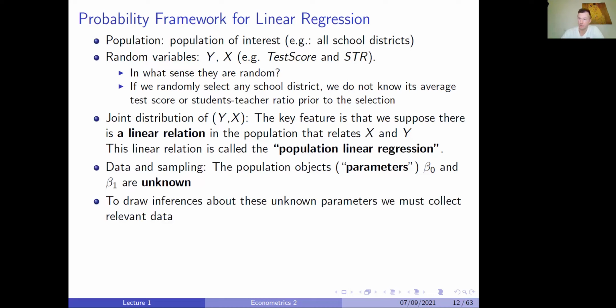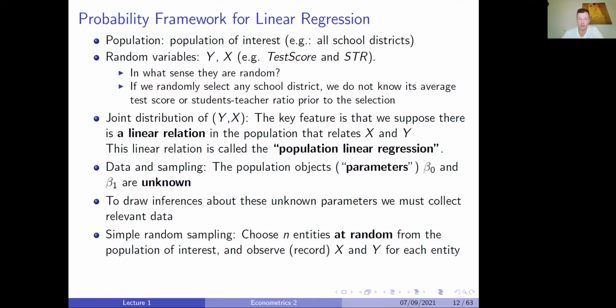If we want to say something about these unknown parameters, beta 0 and beta 1, we must collect the relevant data on these variables x and y, on student-teacher ratio and test score. The procedure that allows us to treat these variables as random is called simple random sampling.